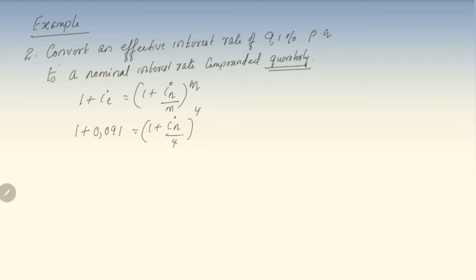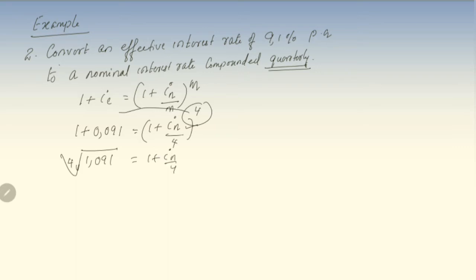Now simplify, because the one that we are looking for is on the right hand side, right? So on the left hand side, 1 plus 0,091 is 1,091, isn't it? Then send this 4 to the other side. Because here 4 is the power, this is going to be the fourth root of that number, which is equal to 1 plus i nominal divided by 4.